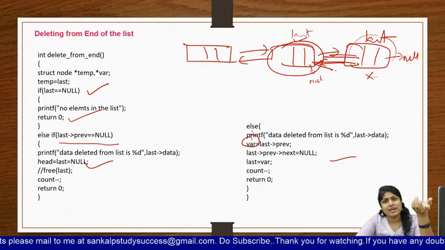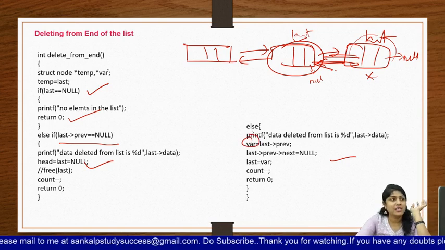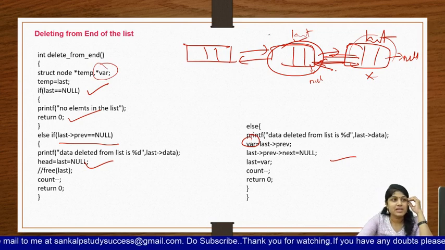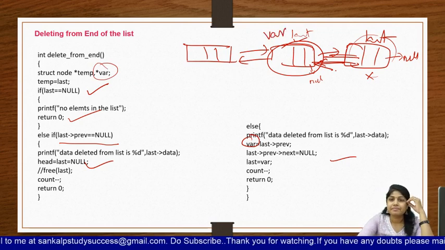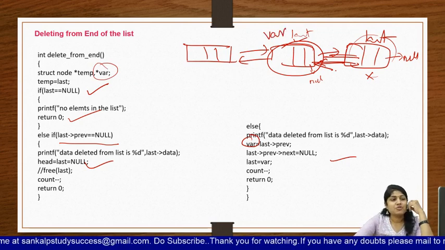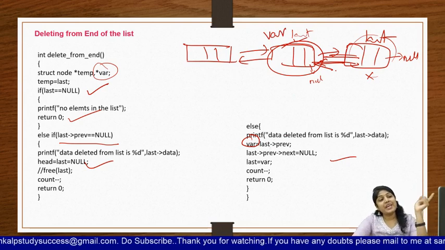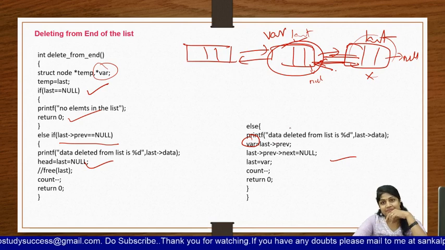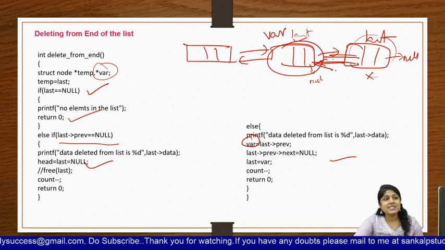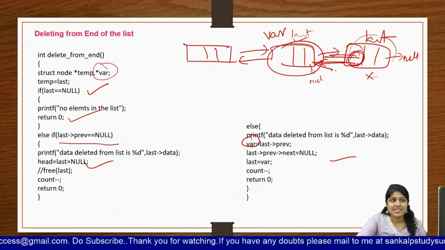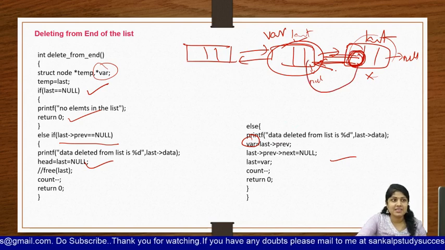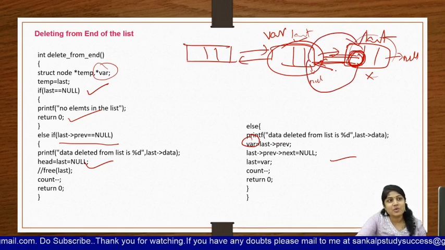Here you can take var or temp, your wish. Any pointer can be taken, no problem. So this is var. Fine. Last to previous is var. Now last to previous to next equal to null. What is this? Last to previous means this one.